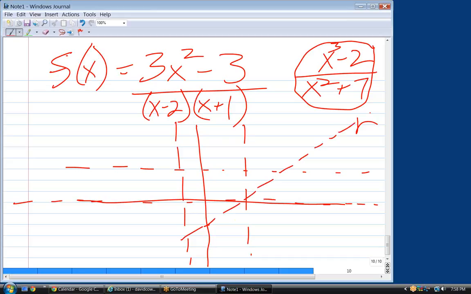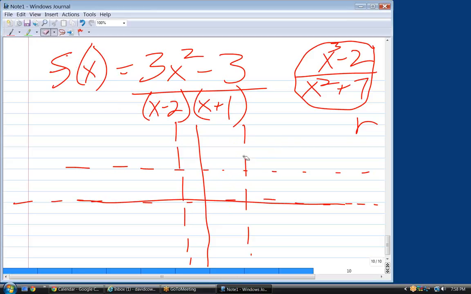Now, it's worth knowing that vertical asymptotes cannot be crossed. Horizontal asymptotes can be, and oblique asymptotes can be. In other words, with our problem here, if I wanted to graph that, there's no way my function can go across there.